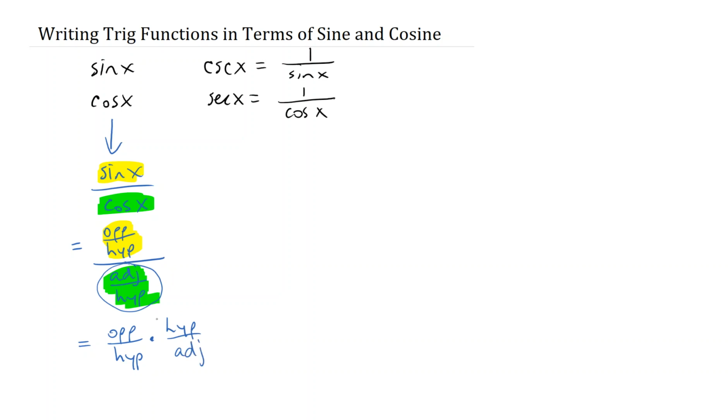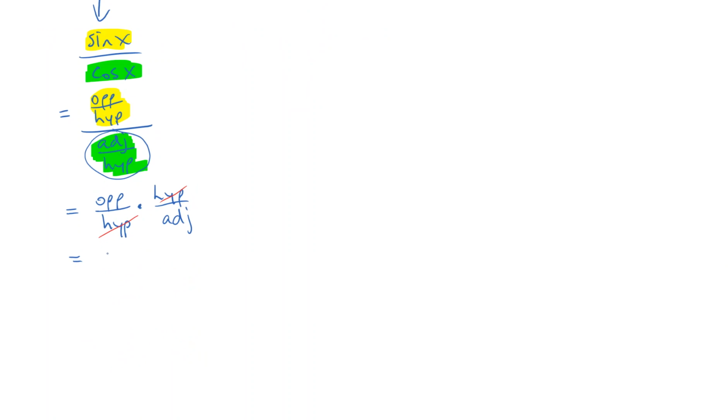Dividing by a fraction is the same thing as multiplying by its reciprocal. And then when you multiply straight across on the top and on the bottom, the hypotenuse is common, so you can cancel that. And so this simplifies to opposite over adjacent, which we know and hopefully remember as the tangent of the same angle that we started with, x.